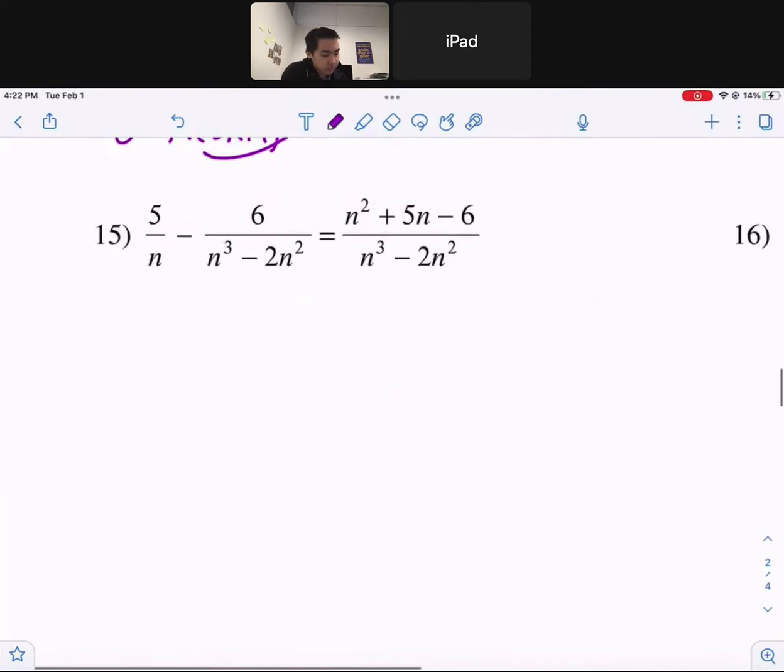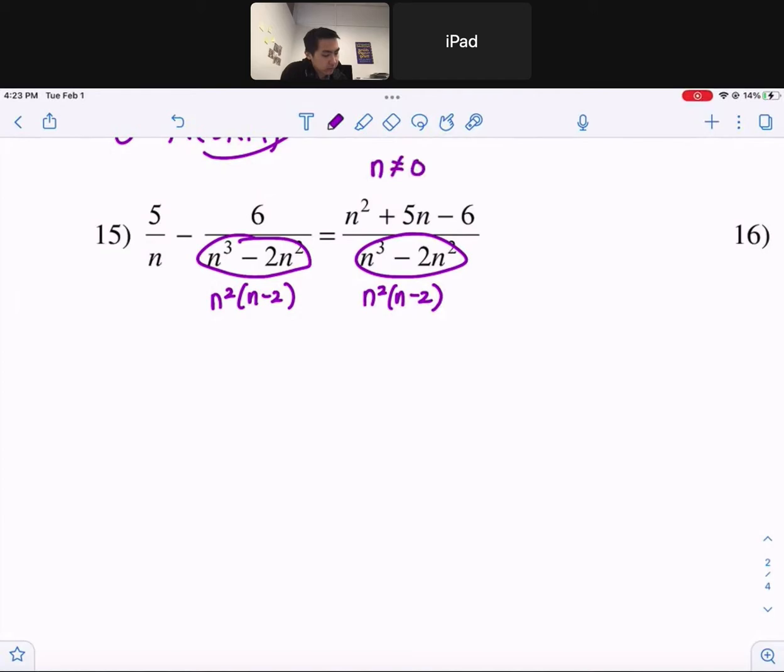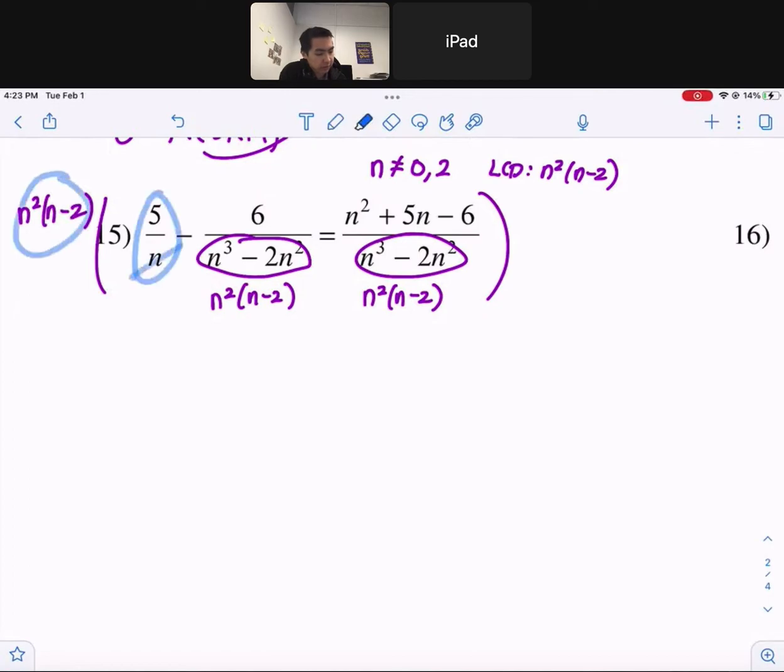Last one. We can factor both of these to be n squared times n minus 2. So we know n cannot be 0 and it cannot be 2. The LCD is n squared times n minus 2, which we're going to multiply to the entire thing. This times this, the one n cancels, so there's still an n remaining.